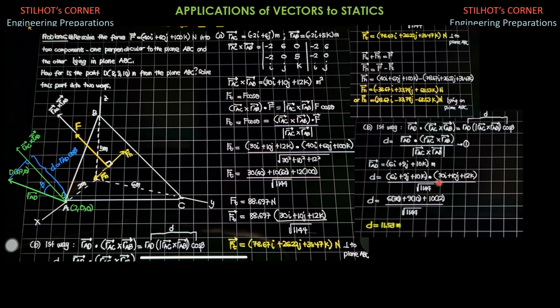So 6 times 30 plus 9 times 10 plus 10 times 12, divided by square root of 1144. That distance, which is the nearest distance of the point (8, 9, 10) in meters from the plane, is 11.53 meters. So that's for the first part.